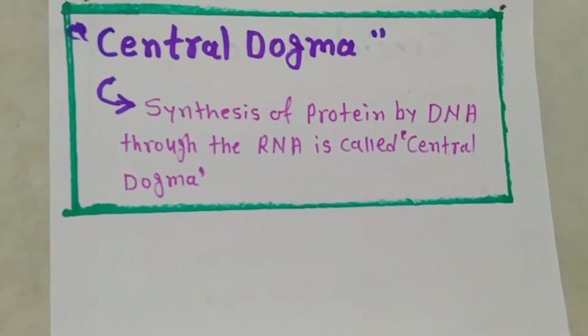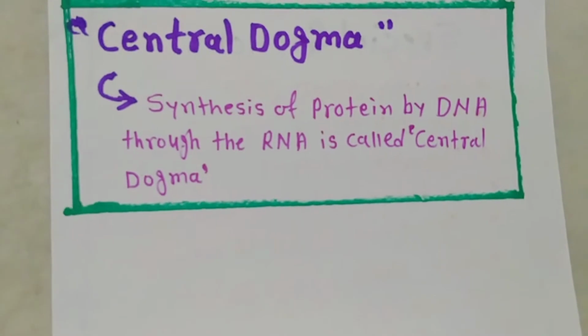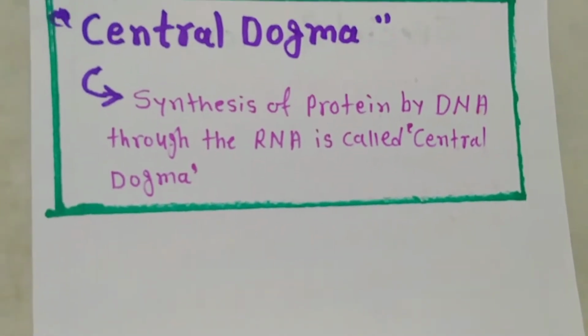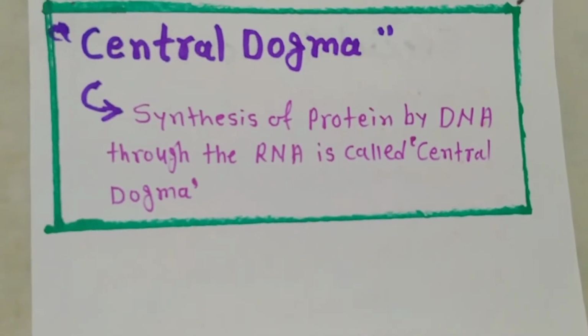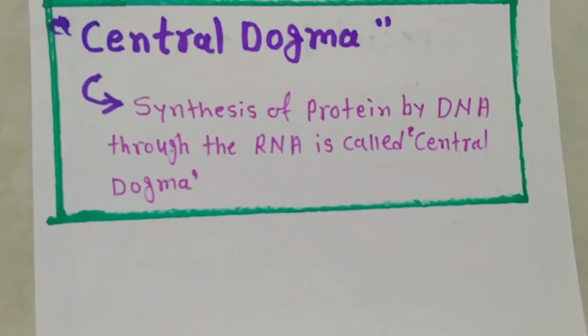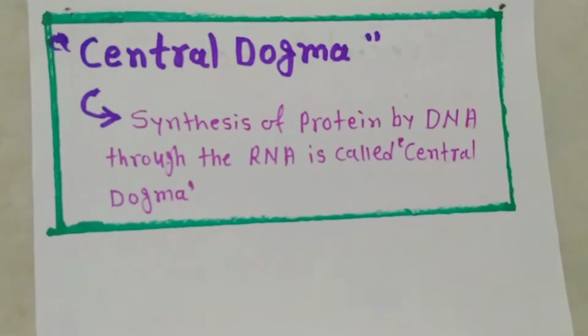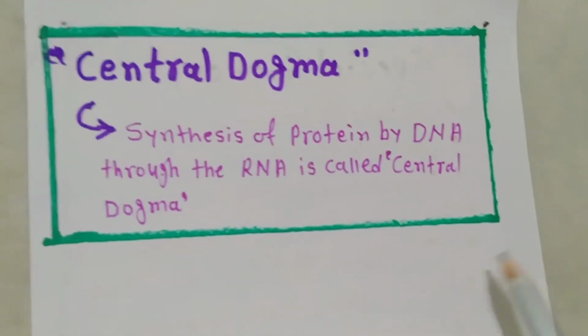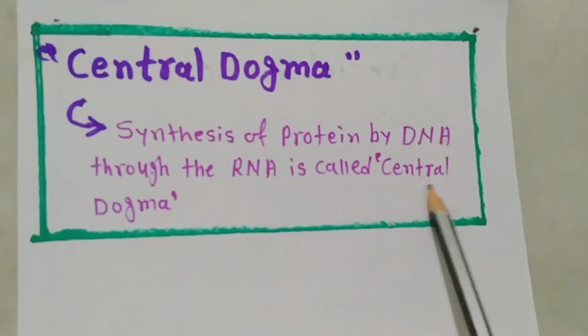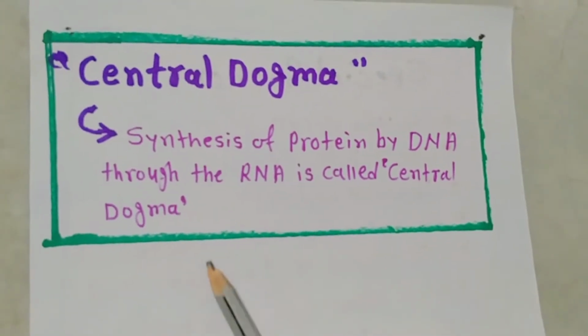Now understand what is called the central dogma: the process of synthesis of protein by DNA through RNA is called central dogma.